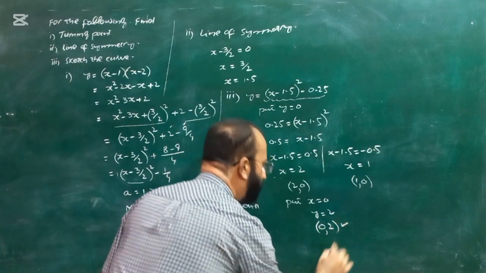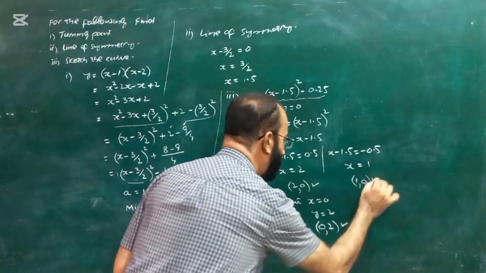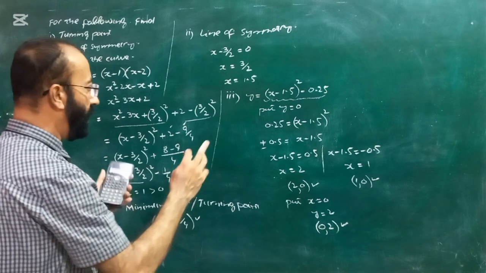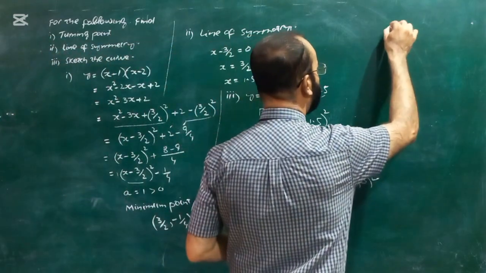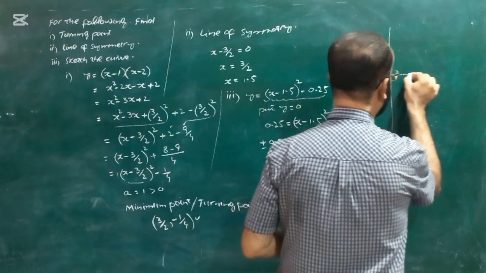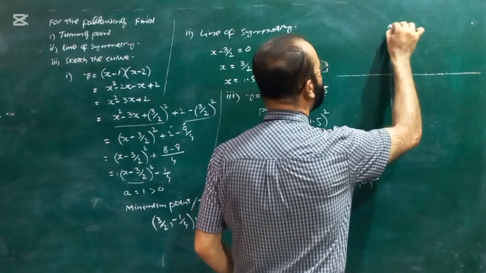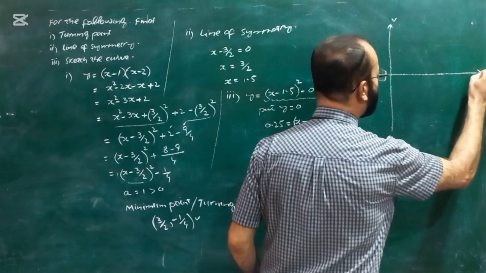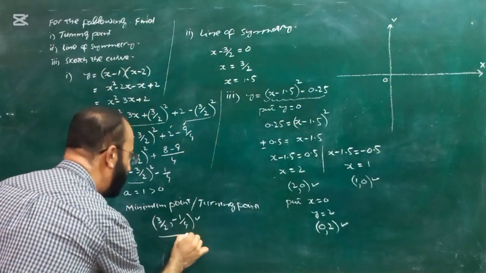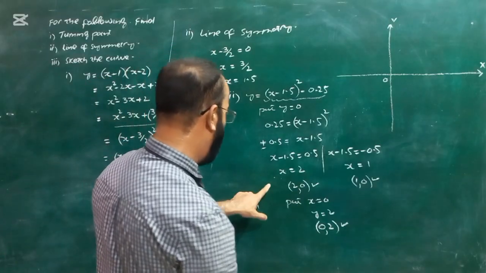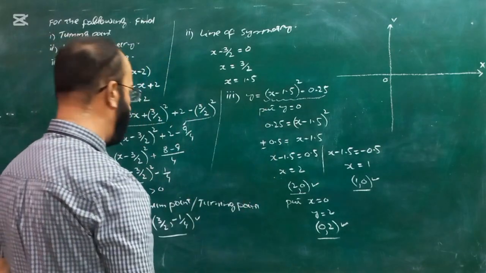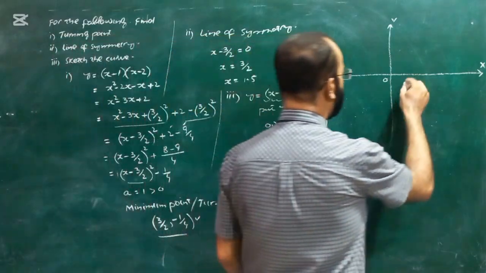So these 2 points and this turning point will be drawn on the axes to draw the curve. So here is the sketch now. This is the y-axis, this is the x-axis, here is the origin. So these are the points, and these points need to be plotted on the axes.